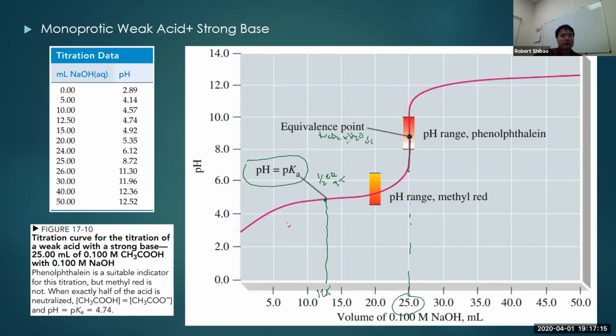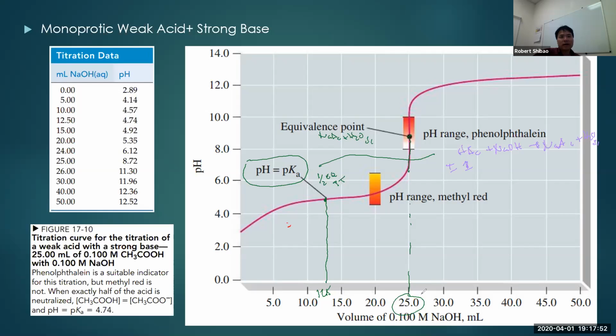At the half equivalence point, the reason why the pH is equal to the pKa for any weak acid is like this. Let me do that over here on the side. If I take any weak acid like acetic acid or whatever else, and I'm adding sodium hydroxide to that, and this is going to form sodium acetate and water, then what happens here is, let's say I start off with a full equivalent of acid.